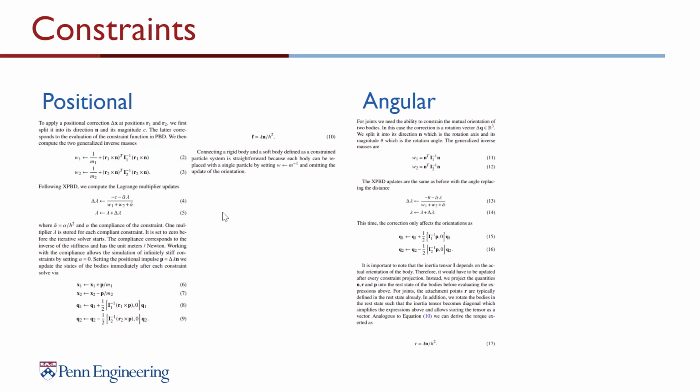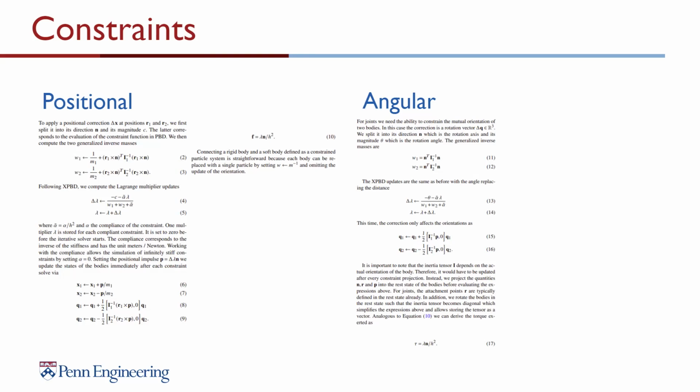Then using impulse-based dynamics, you can calculate the force in this way. For the angular constraint, it is the same thing, except you calculate a different inverse mass, update the lambda based on this equation, and then update the rotation quaternions like this. When you calculate the torque, you again use impulse-based dynamics. So these are the base things.